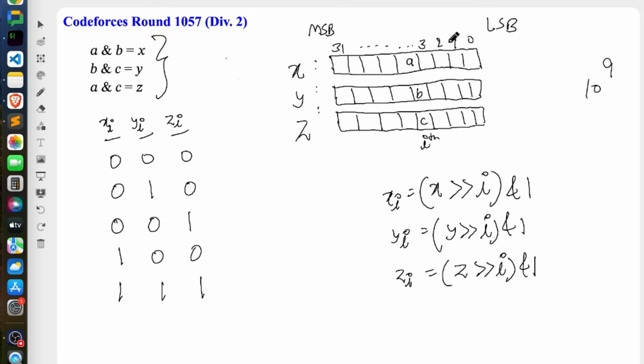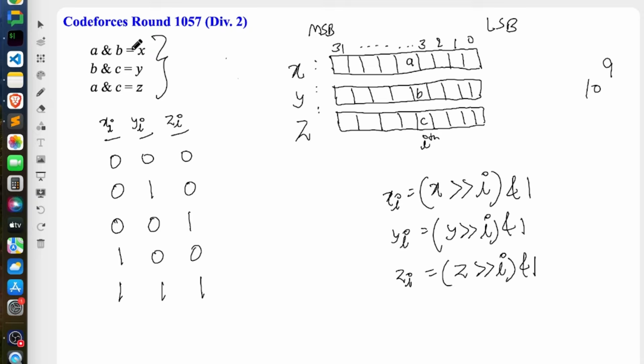So this is my 0th bit, first bit, second bit, third bit, and so on up till this 31st bit, right? And we know that we have to find a and b such that these conditions are satisfied. So instead of looking at this, I will divide it into a smaller problem.